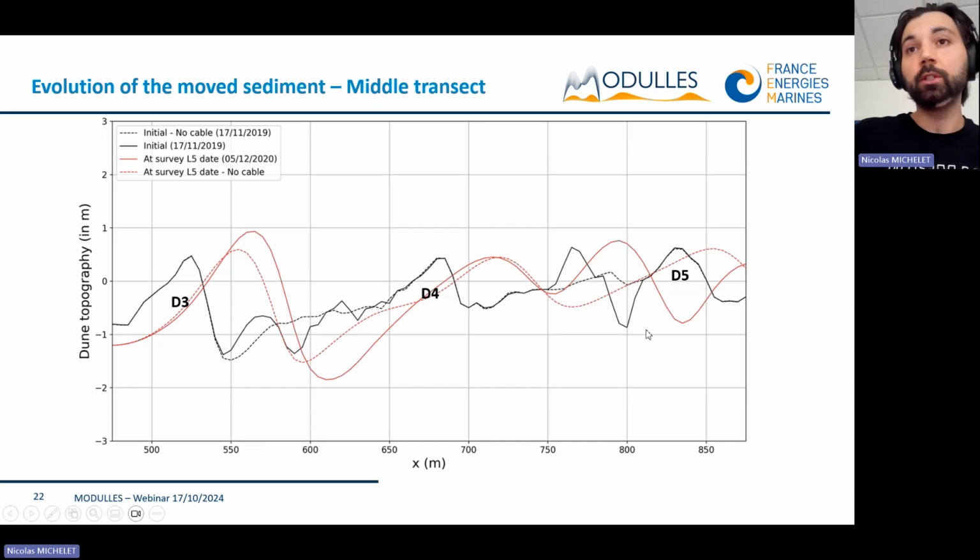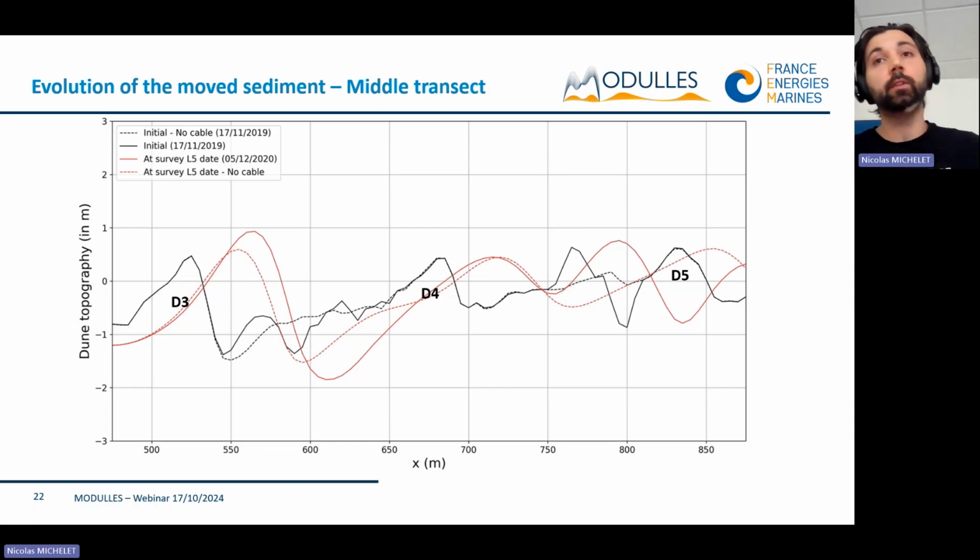On the eastern trench, we can see a similar pattern. When we compare the D5 crest height without the cable and with the cable, the crest height is lower. So the deposit starts to act like a natural dune and starts to absorb some mass of the D5 dune.